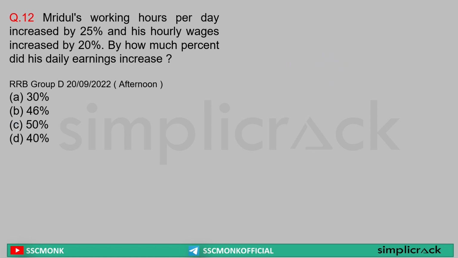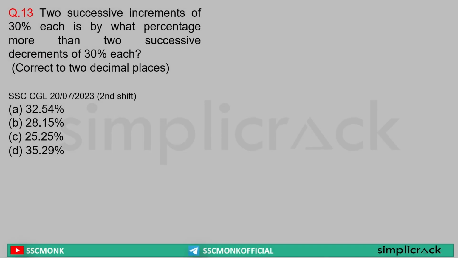Clear? Next. Two successive increments of 30% each is by what percentage more than two successive decrements of 30%? Increment 30, 30 plus 30 into 30, 900 divided by 100, that is 9. So this is 69. Decrease: minus 30 minus 30 plus 9, that is minus 60 plus 9, equal to minus 51.